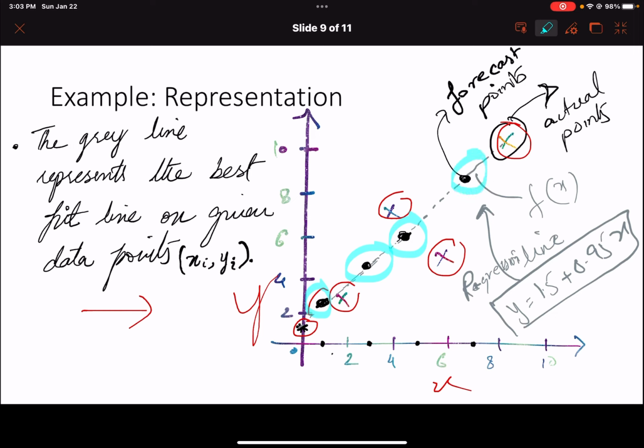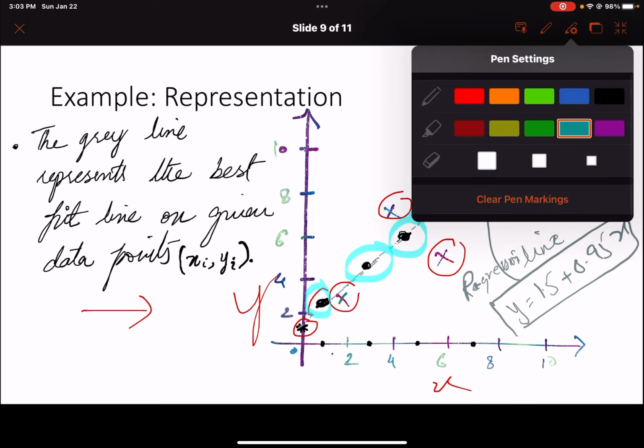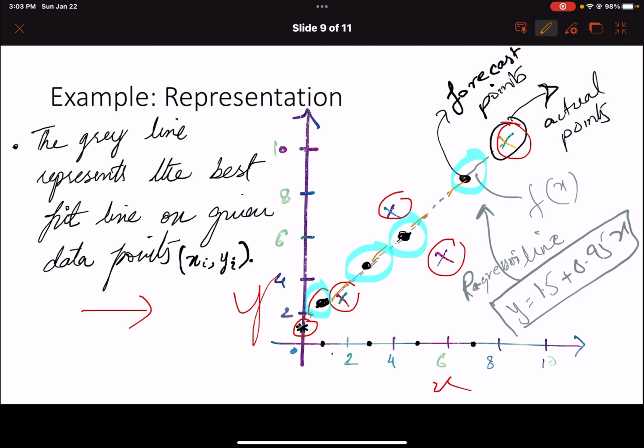I just wanted to give you an overview of the representation, that your predicted points would be on this line. They would exist on this best fit line that you have created. This line is y equals 1.5 plus 0.95x. So now if we want to find the value at 2.5, it comes out to be this. This is how it's done.